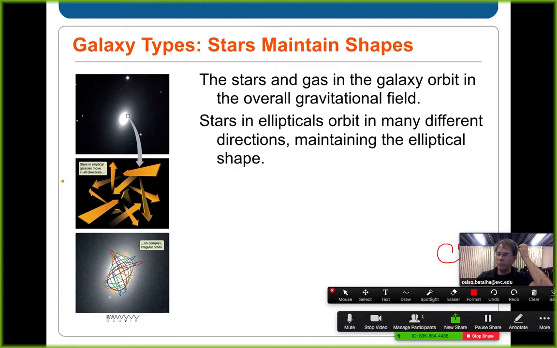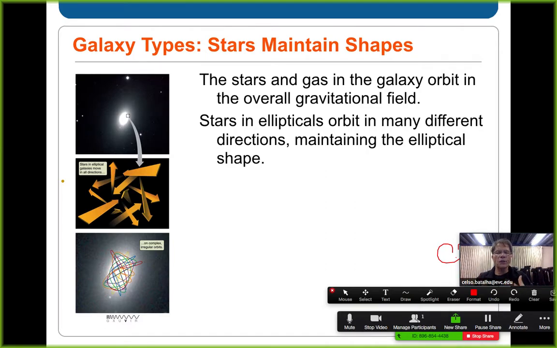So you see in this picture here, we have this kind of a bright central area, and as you move away from the bulge, the brightness diminishes. And that diminishing brightness is pretty much smooth. It's not abrupt and does not change like in spirals.